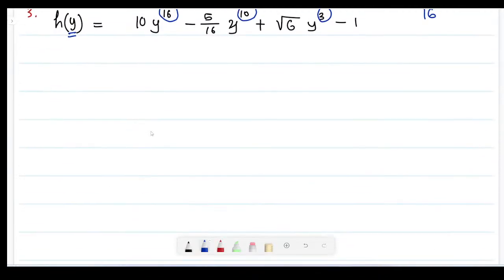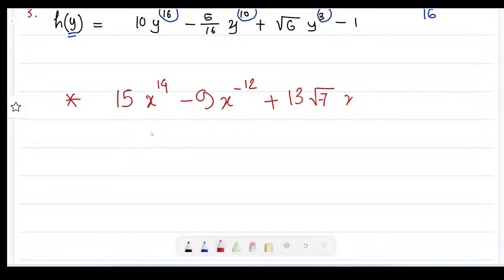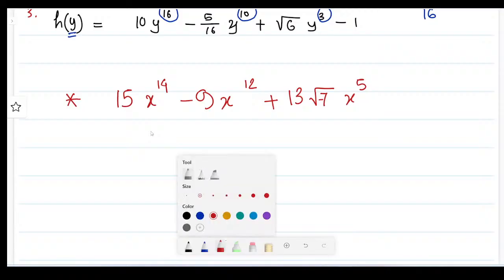Now my question is, what is the degree of this polynomial: 15x to the power 14 minus 9x to the power minus 12 plus 13 root over 7 x to the power 5. Let me know what is the degree of this polynomial.